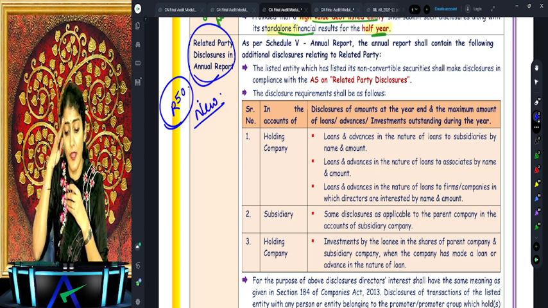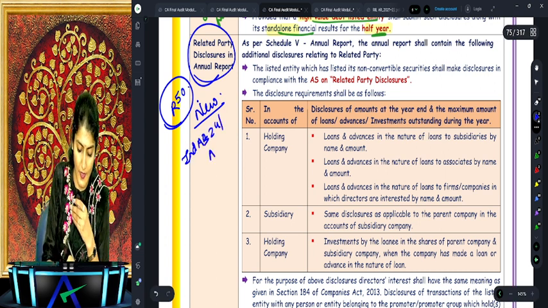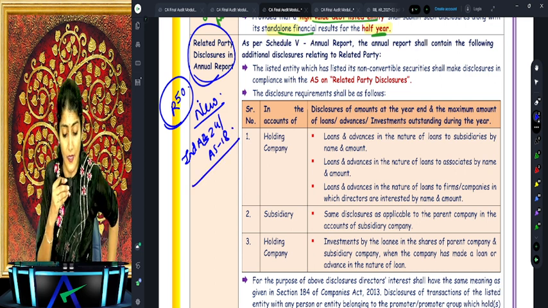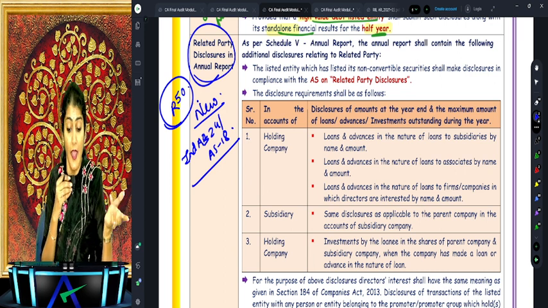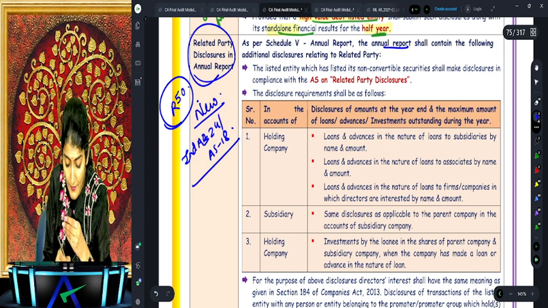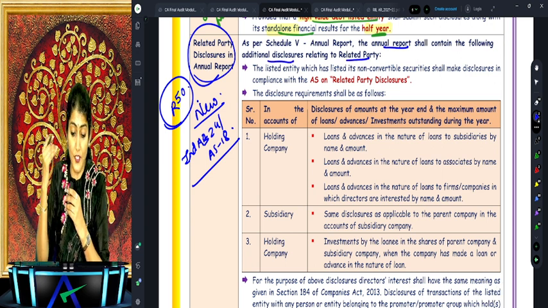Now, we have related party disclosures which are mentioned big time in Ind AS 24 or AS 18. Do you know that? Does Ind AS 24 or AS 18 mention the related party disclosures? Yes. And in addition to that, what does it say? The annual report shall contain the following additional disclosures relating to related parties. What additional disclosures?